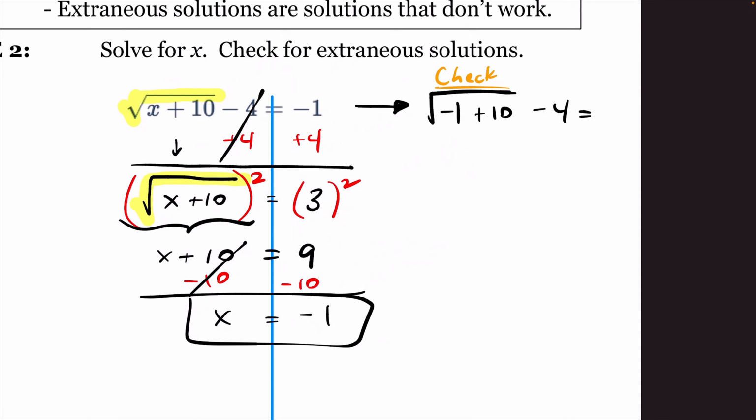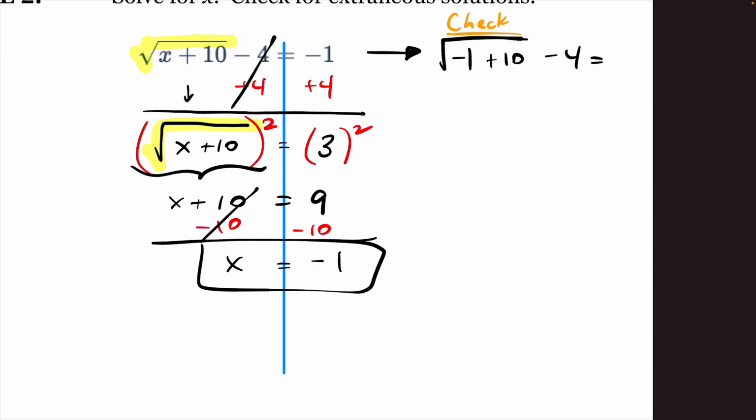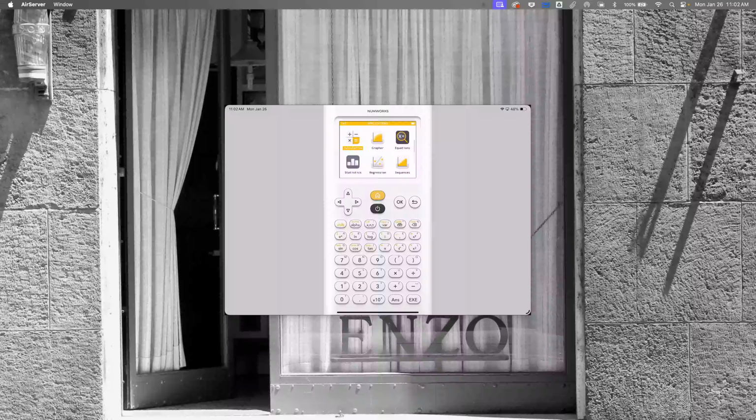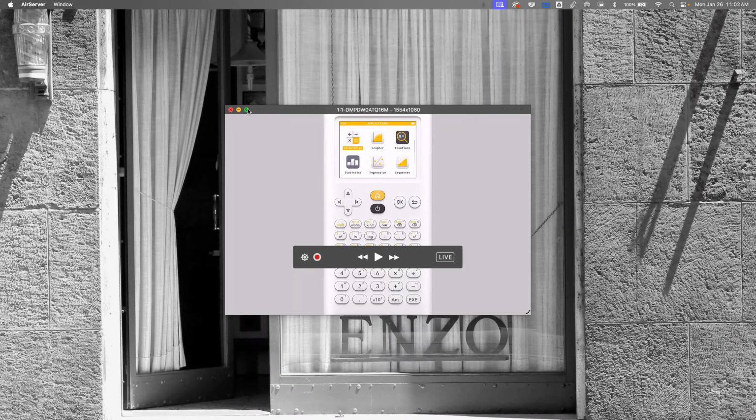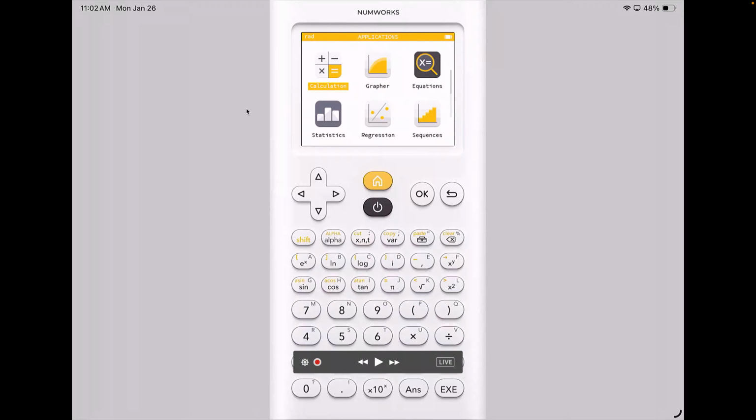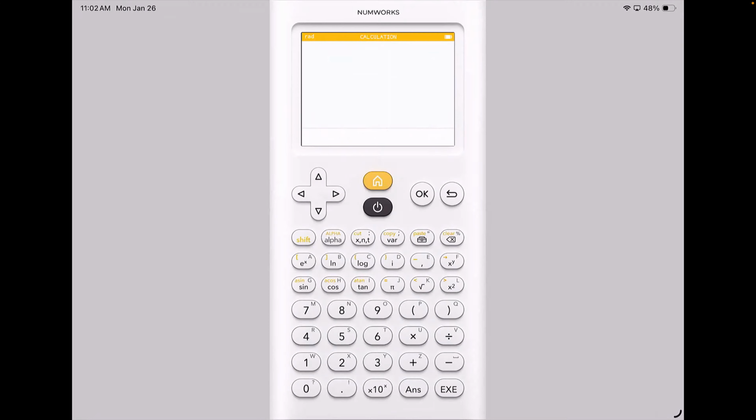Okay? I'm going to go and see what that equals. I'm going to go to my calculator. So go to your calculator. Okay, so on my calculator, I'm going to put that exact thing in there. Square root, the square root is just above the parentheses. -1 plus 10, right?